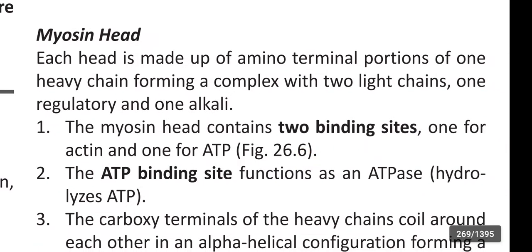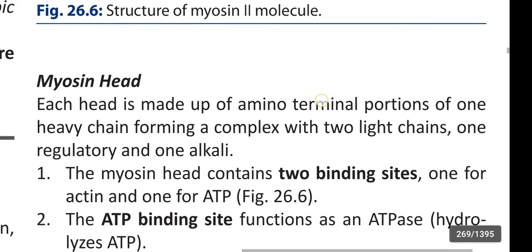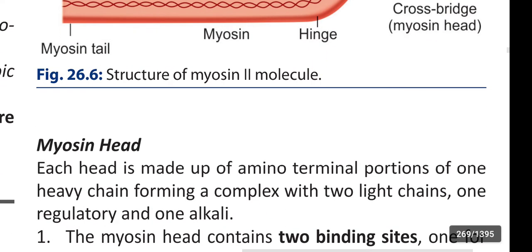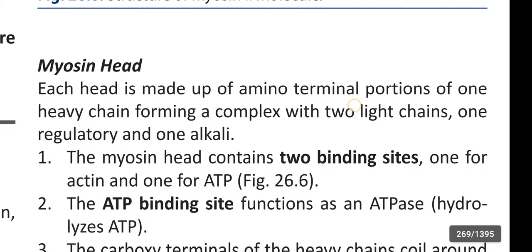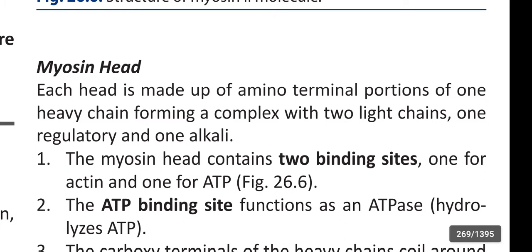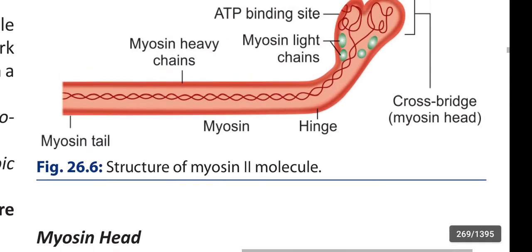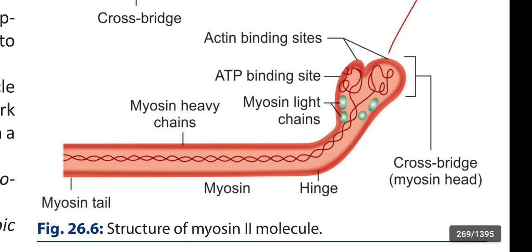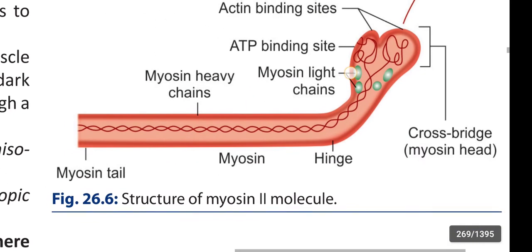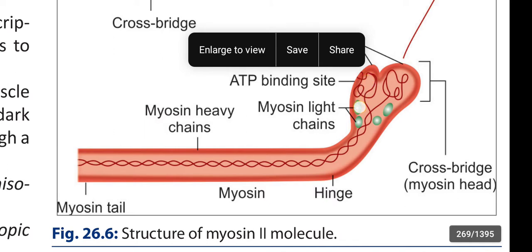Each head is made up of amino terminal portions of one heavy chain, forming a complex with two light chains, one regulatory and one alkali. If you observe here, this is the head region and this is composed of one heavy chain. These are the two light chains.